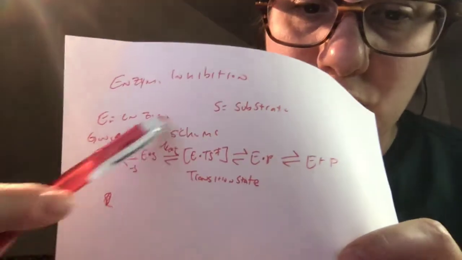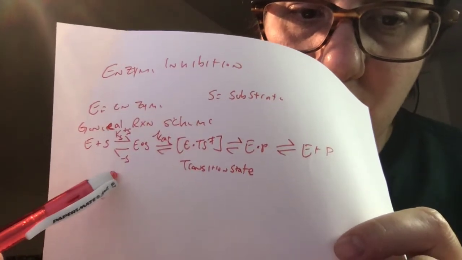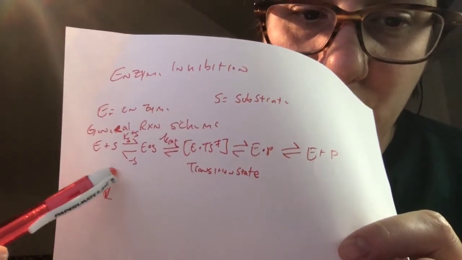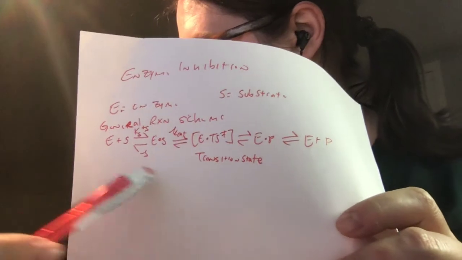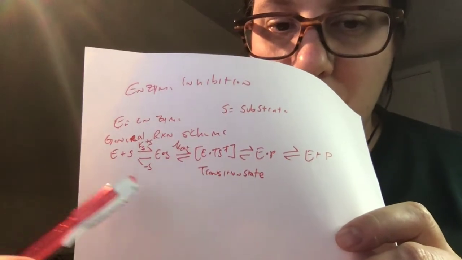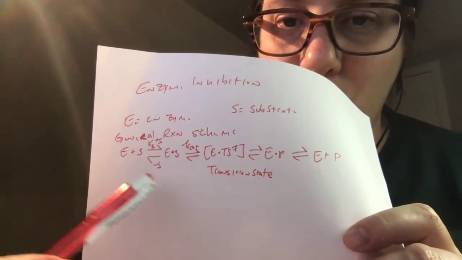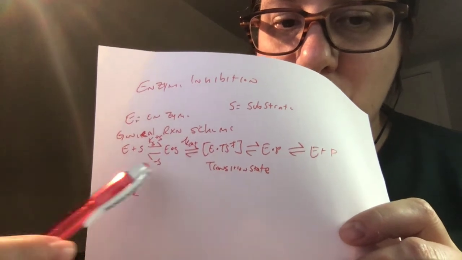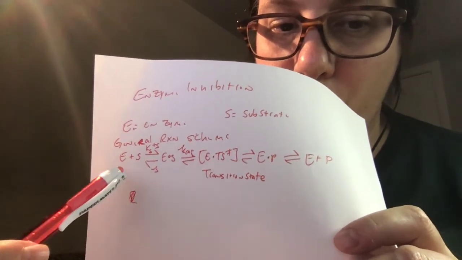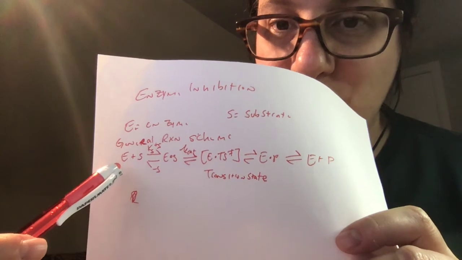And the reason I did that was that with or without the substrate, it would go back and forth. You know what I mean? From the complex to enzyme and free substrate, or to the complex from enzyme and substrate.